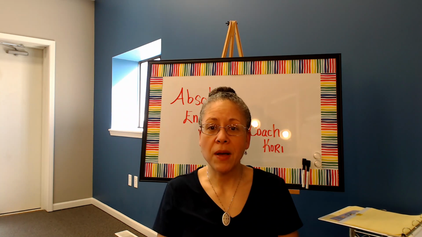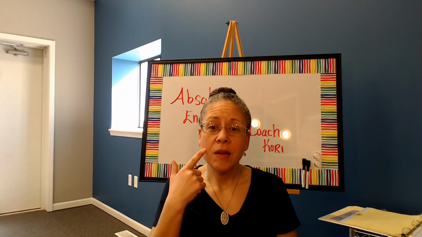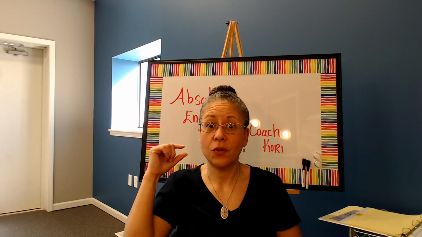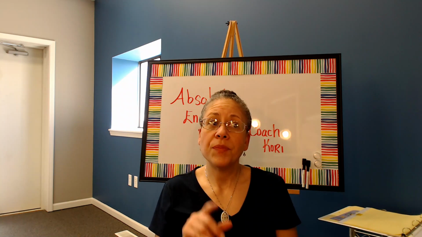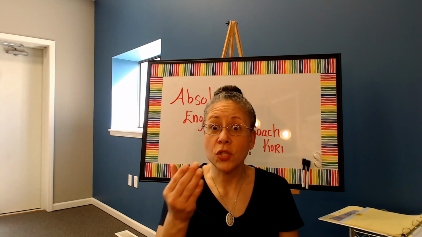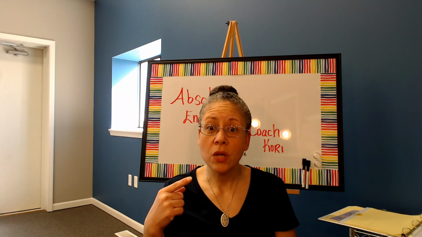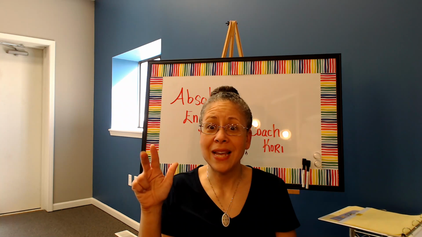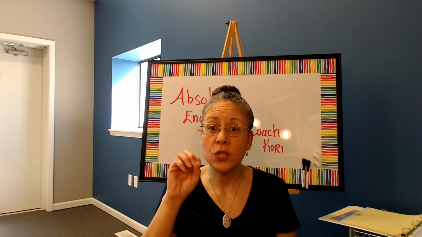Notice the difference in my mouth? Eh. So on the E my cheeks are coming back further, right? And on the E my mouth is opening more. The other thing to be aware of is that when we pronounce our vowel sounds, A, E, I, O, U, our mouths open when we do that.